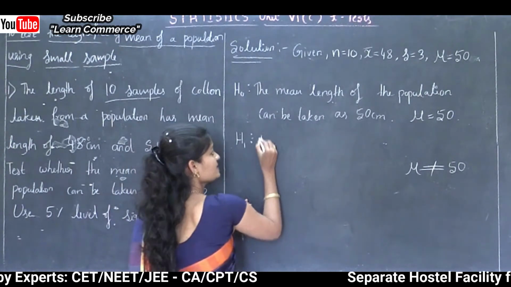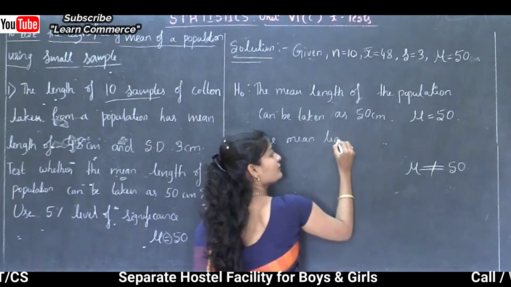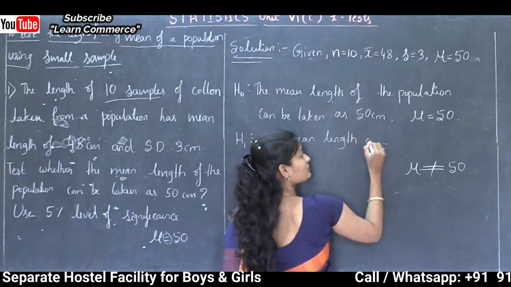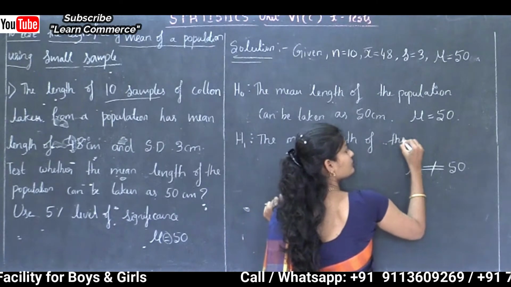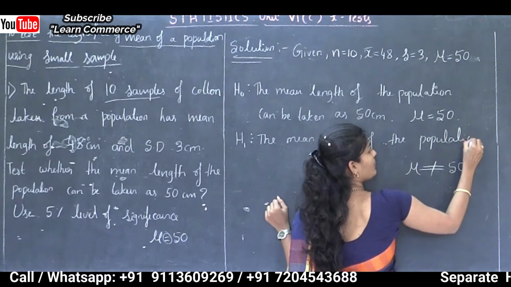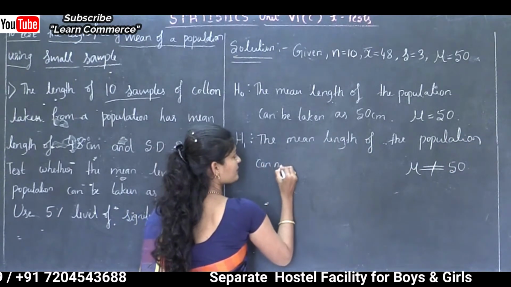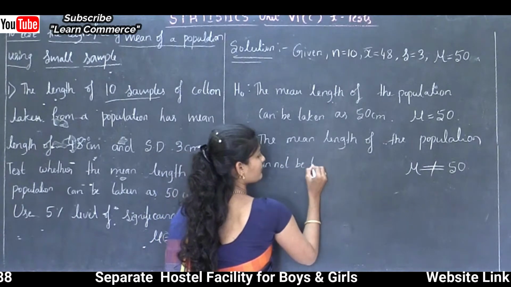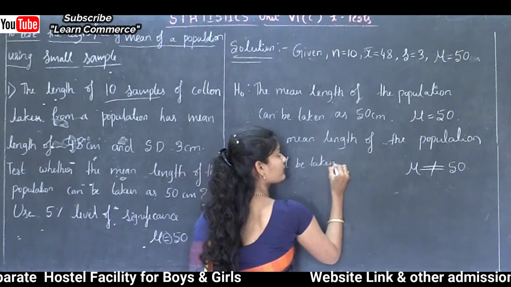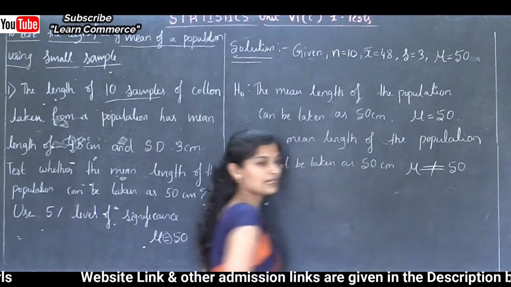So the sentence is: the mean length of the population cannot be taken as 50 centimeter. Okay, this is step 2.